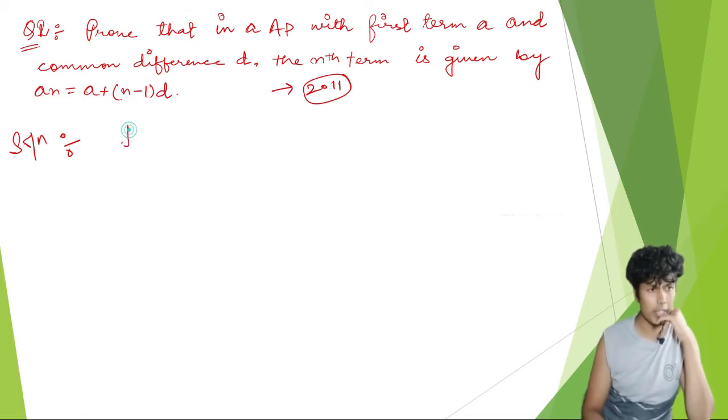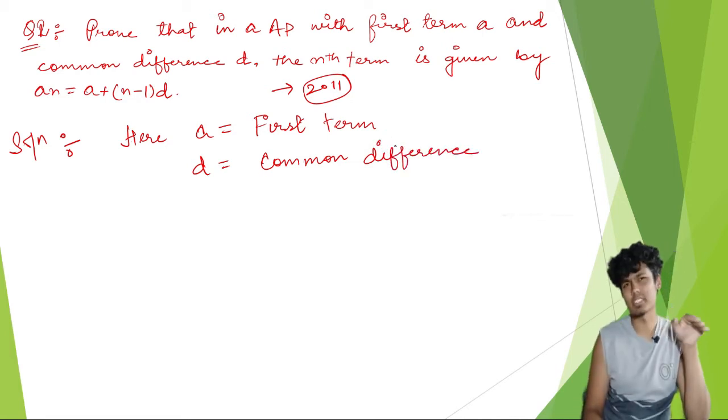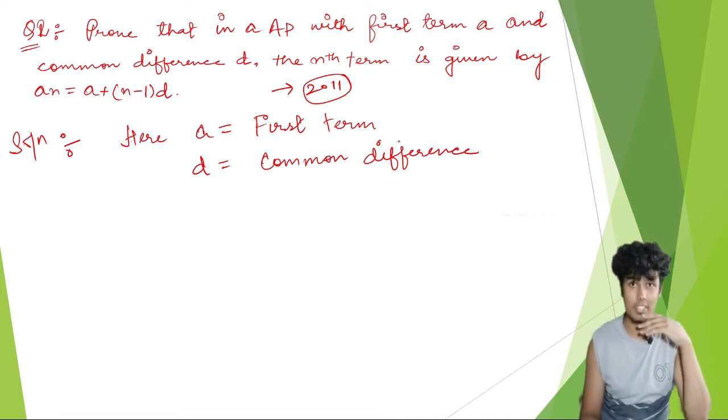So here a is the first term, and d is the common difference. Okay, a is the first term and d is the common difference.